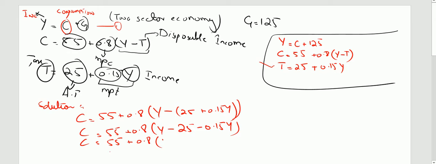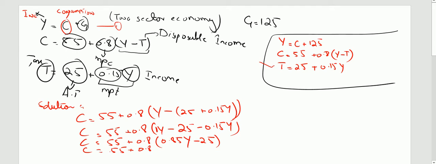If you know the mathematics rule, if before any variable there is nothing, there is 1. So basically here you can say that it is 1y minus 25 minus 0.15y. Because the variables are common, we subtract them: 1 minus 0.15 will become 0.85y minus 25, and bracket close. Now we just have to multiply the outside component, which is 0.8, with the inside two values.